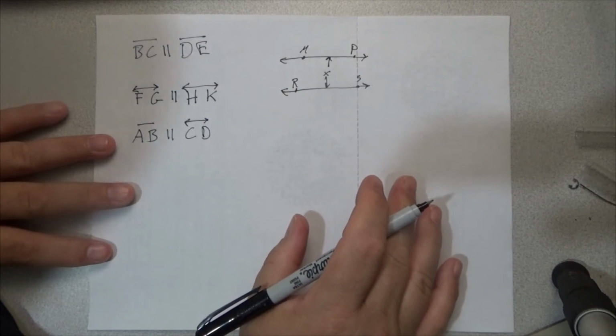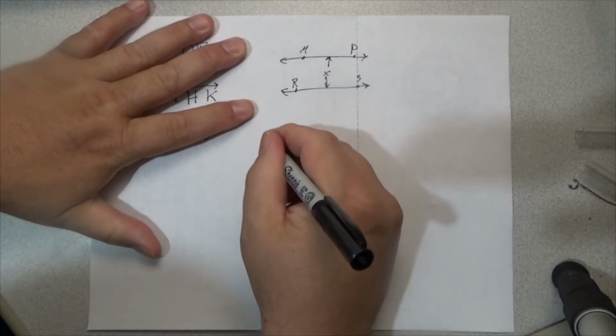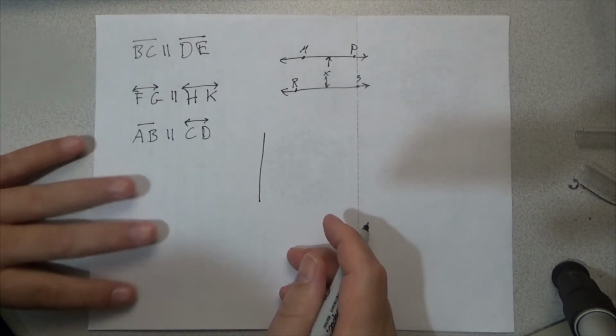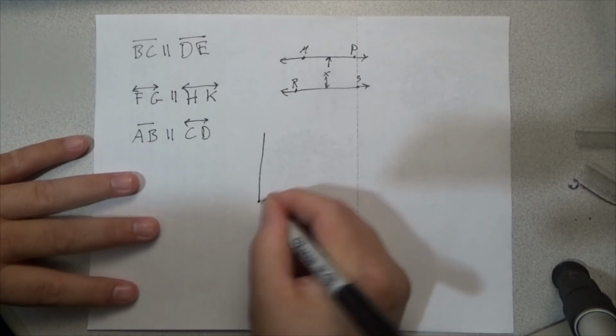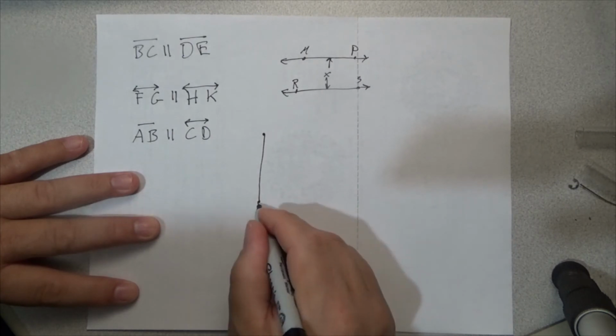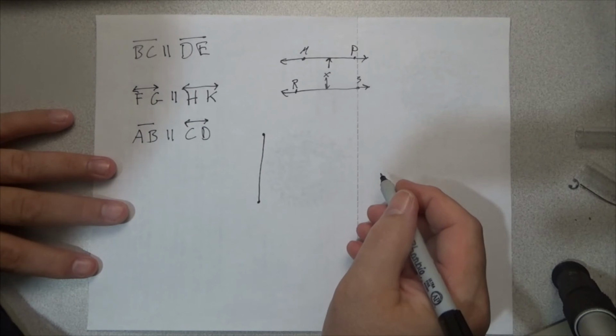Okay, so let's take a look at B. It says segment AB is perpendicular to segment CD. Now this can be drawn a couple of different ways. For one, I can draw it with the perpendicular line right here or anywhere in here. Let's see if there's anything else that I need.